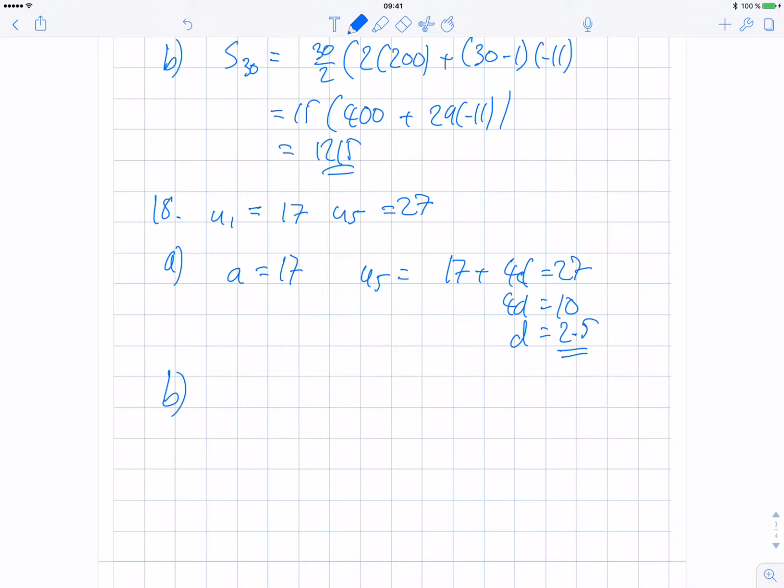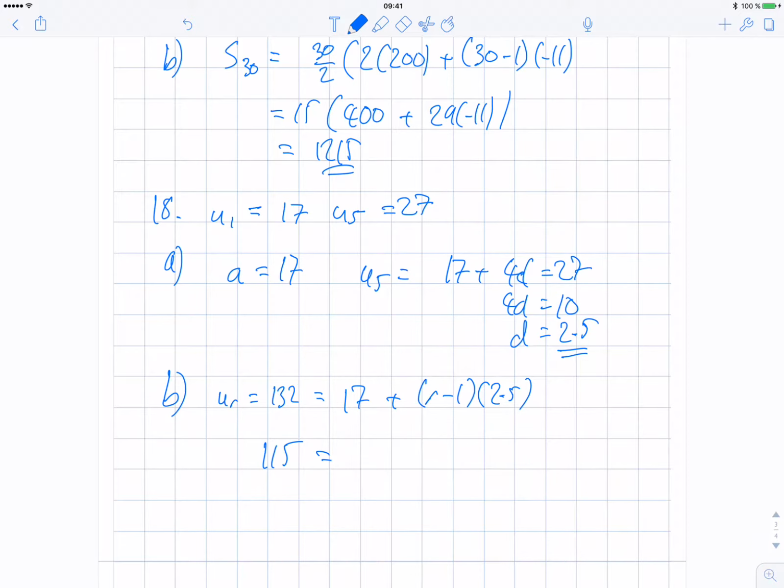Given that the rth value of the series is 132. So UR is equal to 132, which is equal to A, which is 17, plus n minus 1, or r minus 1 in this case, times 2.5. So 132, take away 17, is 115.